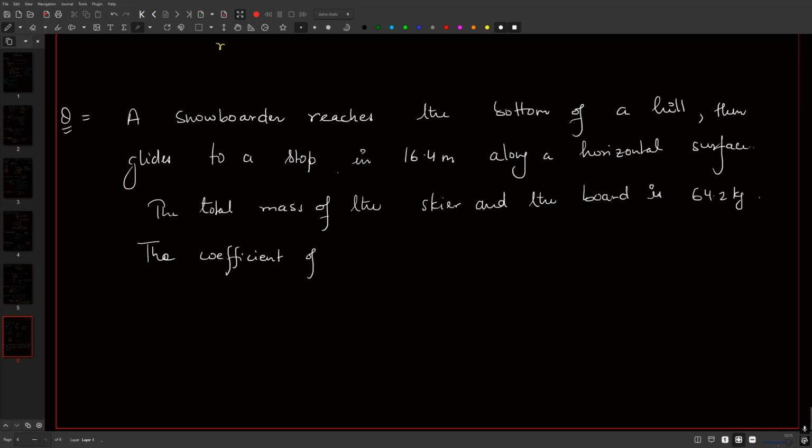Coefficient of kinetic friction mu k, that is given as 0.106. So this is between snow and the board.